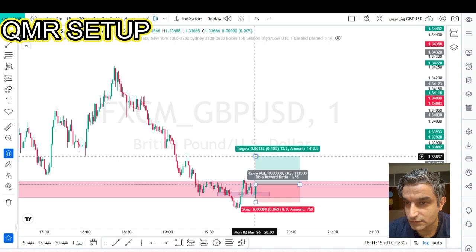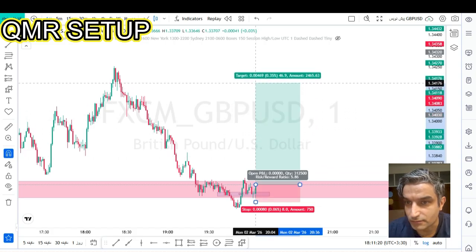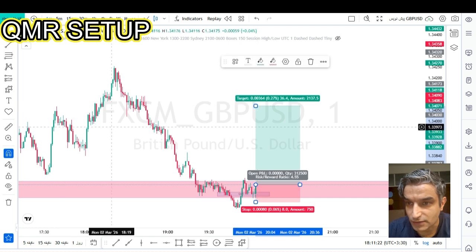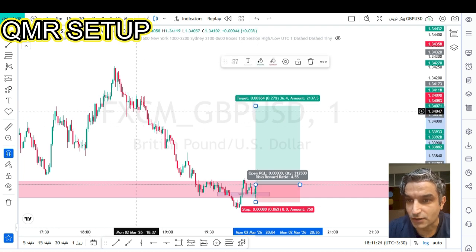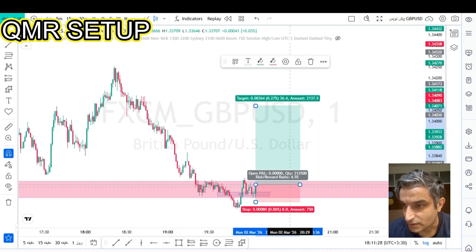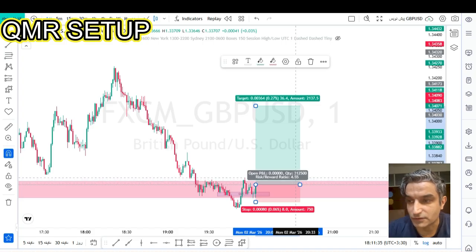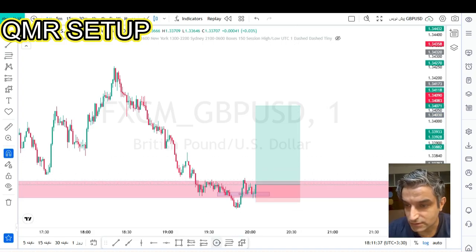About the target, maybe here, but I take it because we have an unmitigated block here. And as you see, our risk reward ratio is around 4.55. Let's see what will happen.